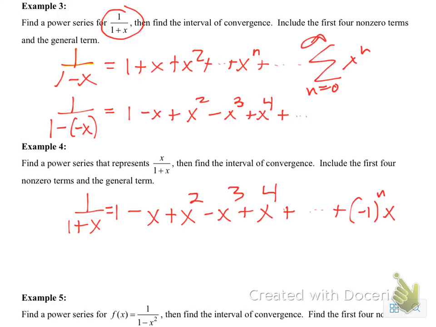All right, check it out. Isn't that what we generated for 1 over 1 plus x? Okay. How do you want to come up with x over 1 plus x? Any cool ideas? Tyler's got this one. I want x over 1 plus x.